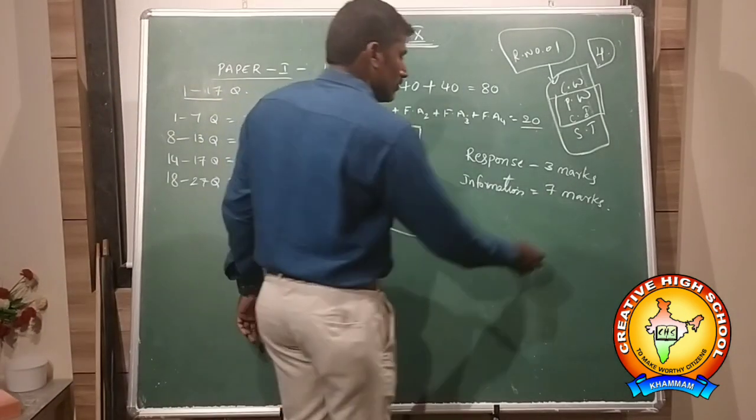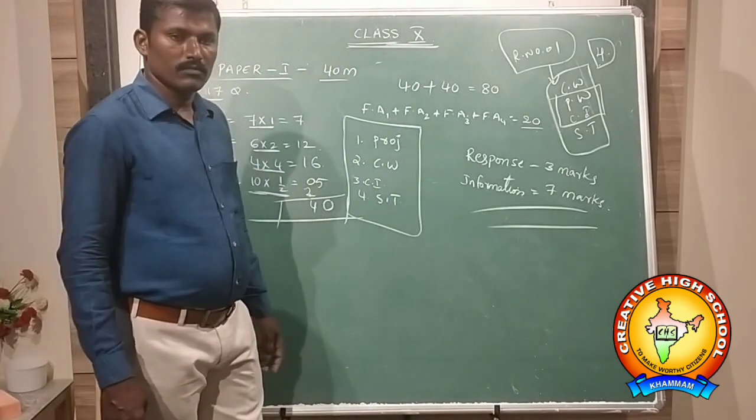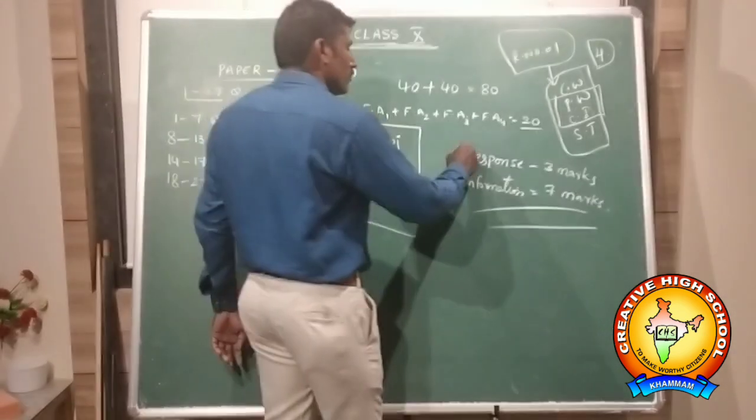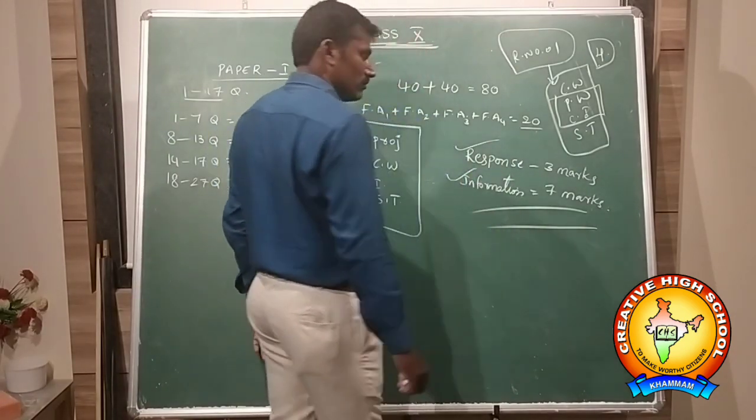Of these, we may divide. 3 is for your response, 7 is for your information.